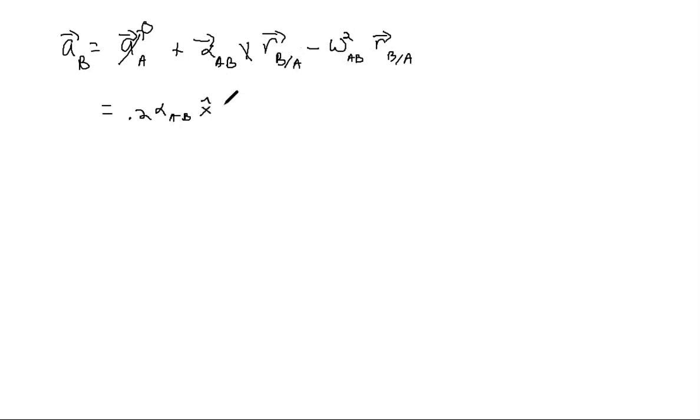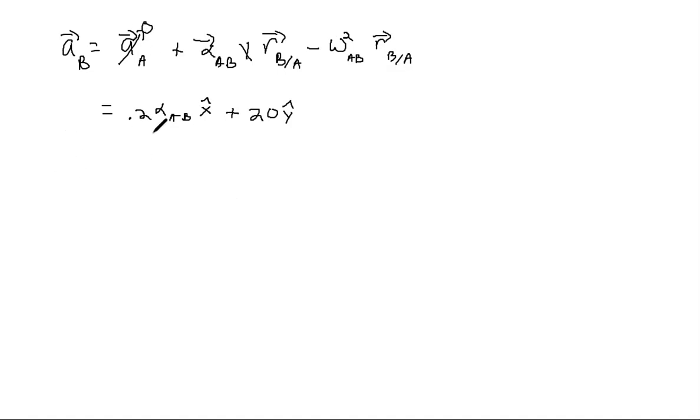And then over here I have a minus omega squared, 10 squared, that's 100, and then R BA, that's negative 0.2 y hat. This becomes plus 20 y hat. All right, so that's my formula for the acceleration at point B, coming from using the fact that point A was pinned.